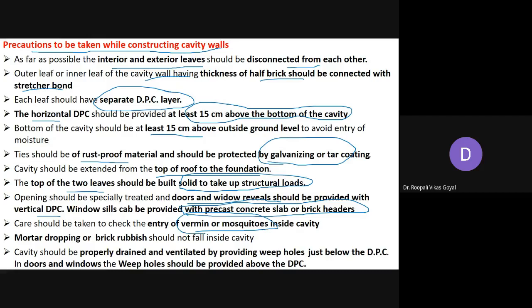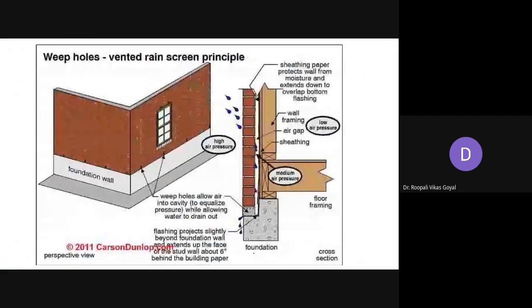So worms, biological agents or mosquitoes should not attack your inside airspace. Mortar dropping or brick rubbish should not fall inside the cavity. So already we have discussed that wooden battens can be provided, and the cavity should be properly drained and ventilated by providing weep holes just below the DPC in doors and windows, and weep holes should be provided above the DPC. So here you can see this kind of holes; these are called weep holes.